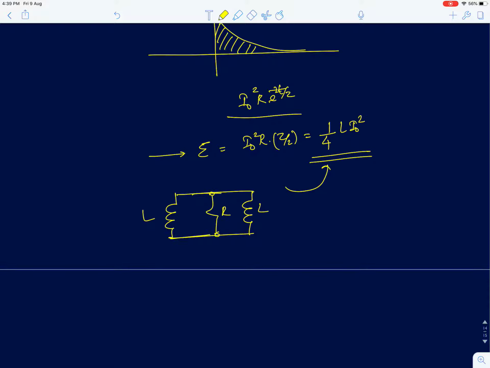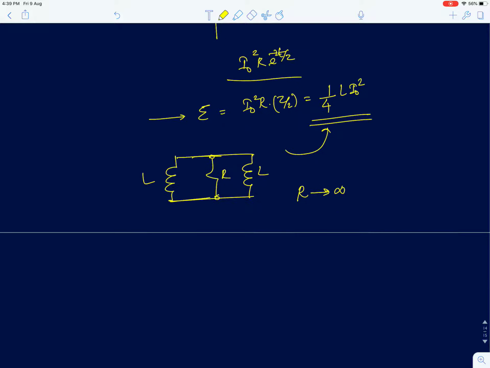Now here I am going to let the value of R tend to infinity. In that case, what's going to happen to the power is that the time constant is going to become 0, and the amplitude will become infinity.